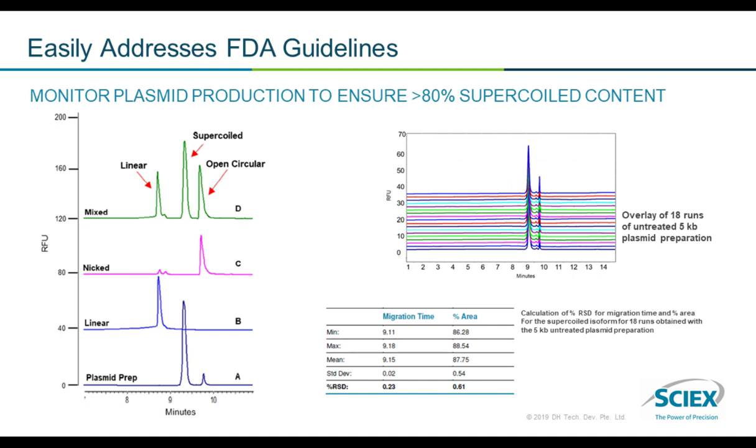And why do you need to do plasmid separation? FDA guidelines recommend that your plasmid has to be more than 80% supercoiled. That's why this requirement for plasmid analysis exists: to determine the percentage of supercoiled to other impurities present within your plasmid prep.